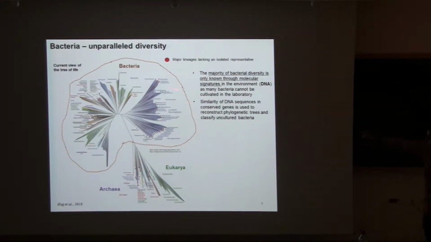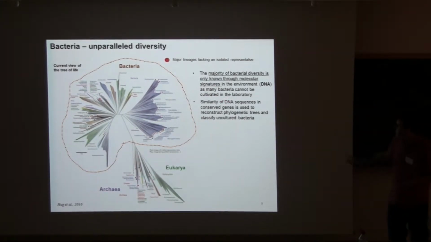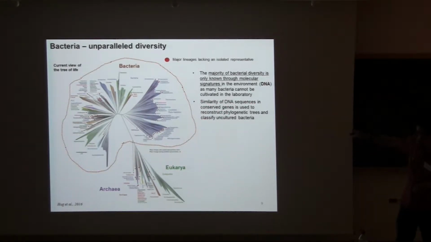And as you can see, there are many red dots here. That means that a lot of the diversity is not known. We can use this DNA information to compare sequences. We use similarity of DNA sequences to build trees, such as this one. This is called a phylogenetic tree, that shows the different relationships between the organisms.